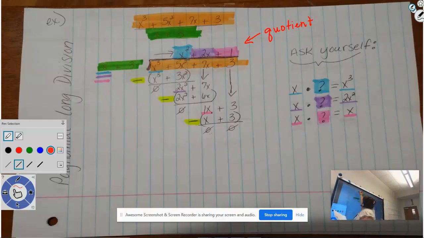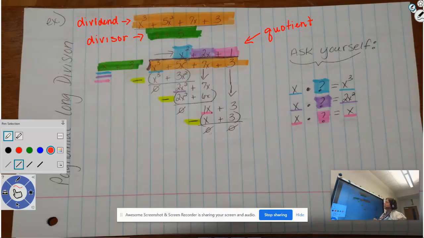The top number is the dividend, and the bottom is called the divisor. I've highlighted the dividend in orange and the divisor in green to show us how to set up our division problem when we have a polynomial. So you'll notice lots of highlights on this page.